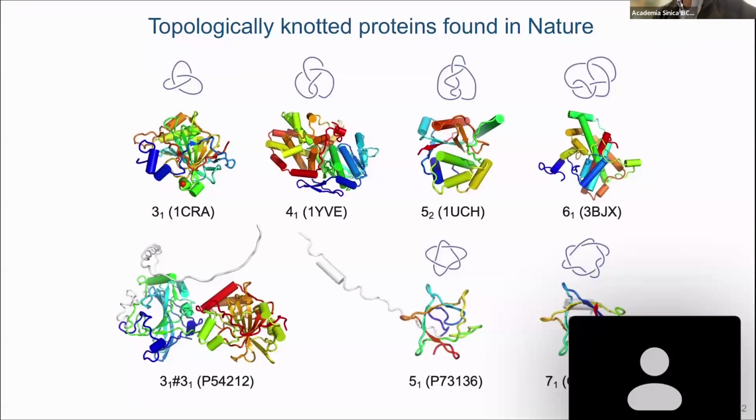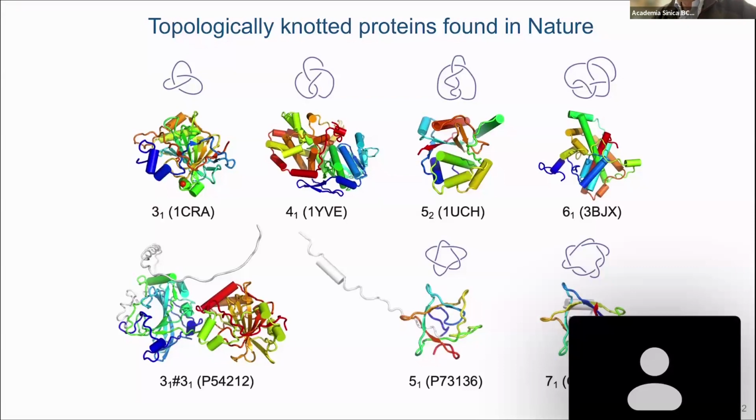So a number of scientists then systematically investigated the AlphaFold predictions, and indeed they identified some new protein knot families that are highlighted in the bottom.